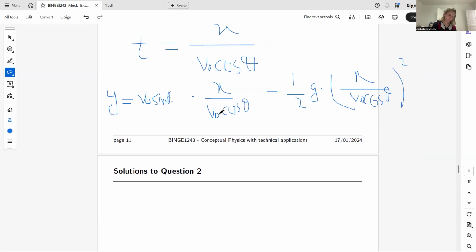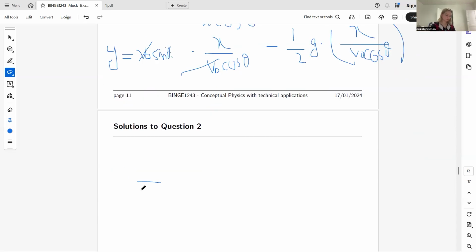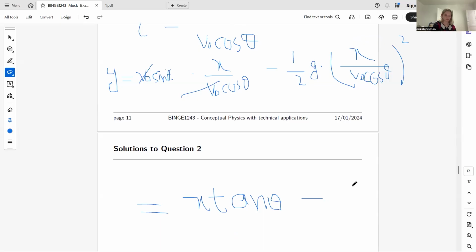Now you can cancel this v naught by this v naught. Then our equation will become y is equal to x tan theta minus g x square divided by 2 v naught square cos square theta.